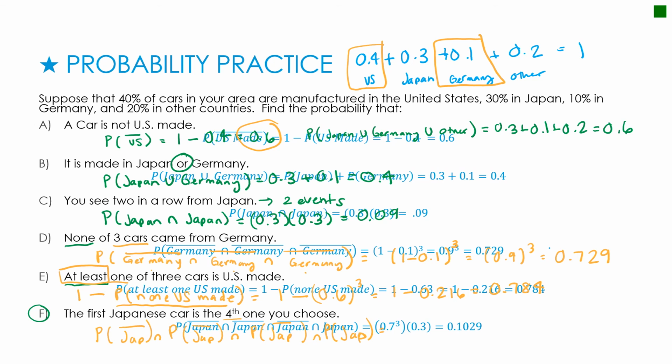Not Japanese is 0.7, not Japanese is 0.7, not Japanese is 0.7, Japanese is 0.3. I would write this as 3 times I didn't get a Japanese car, and on the last time I did. So now I have 0.7 to the third times 0.3, and that answer is 0.1029. And that is my solution.